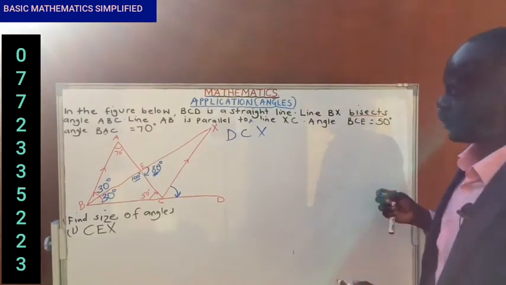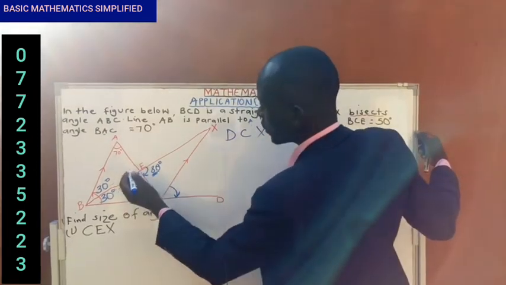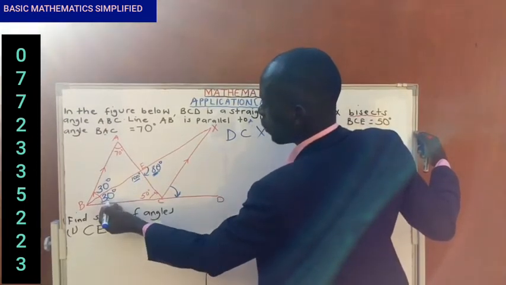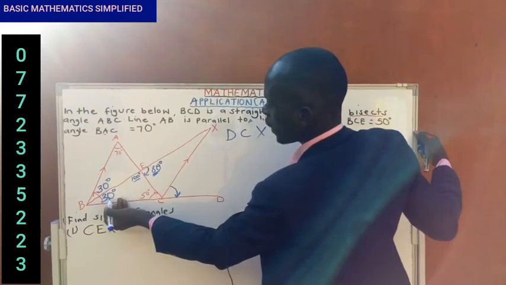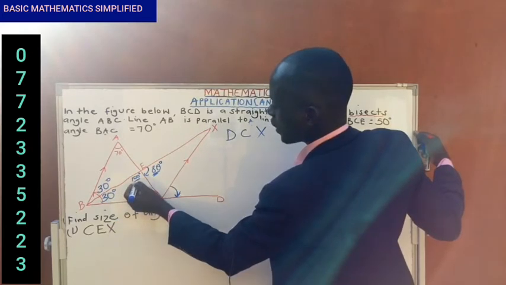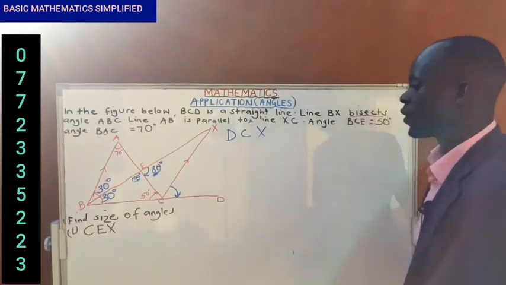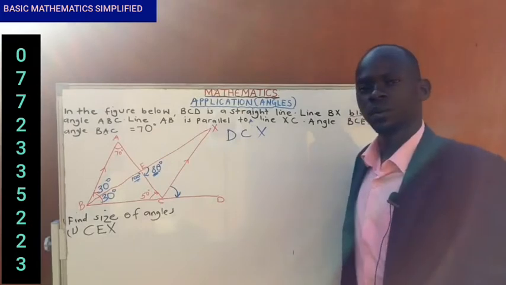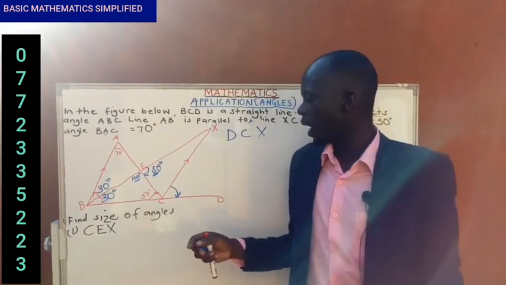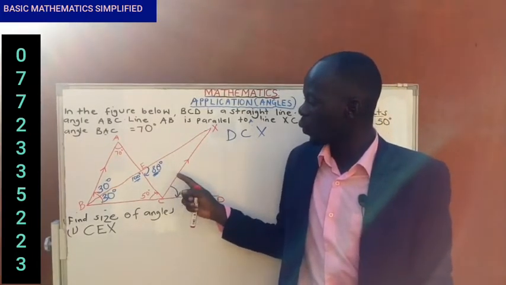80 degrees. If you look at this angle, since it is 30, this one is 100 degrees. We can now see how best we can calculate.